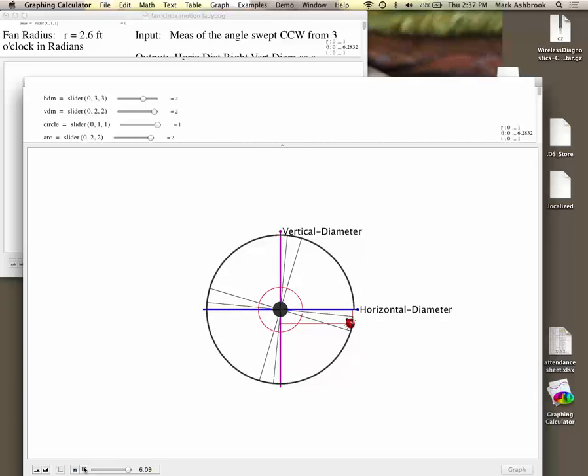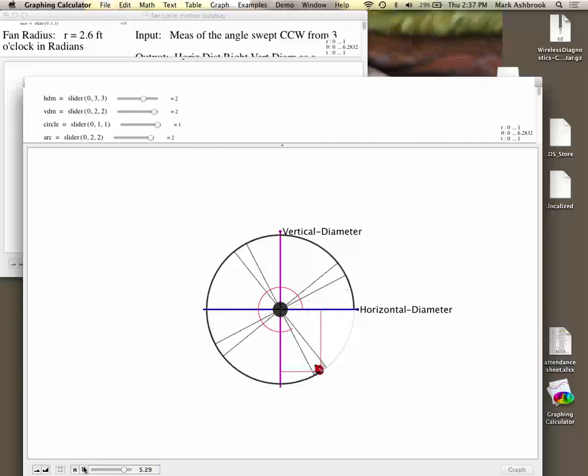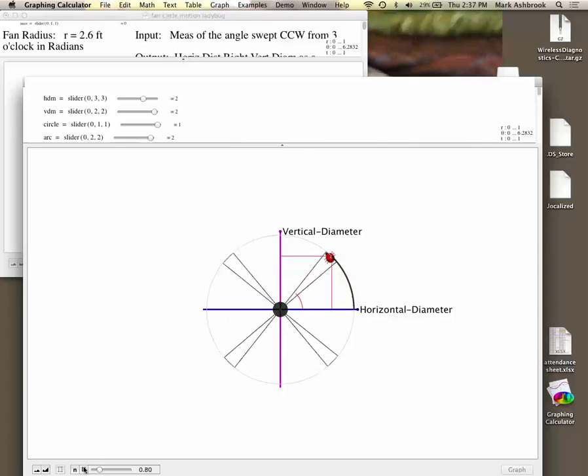Would that pinpoint the location? That's the point, okay? So we need both of those output quantities to say, this is exactly where the bug is. It is 3/4 of a radius length to the left of the vertical diameter, and 1/5 of a radius length above the horizontal diameter.